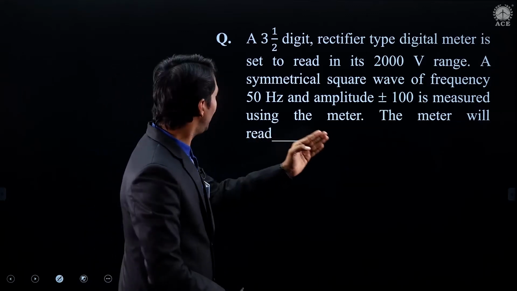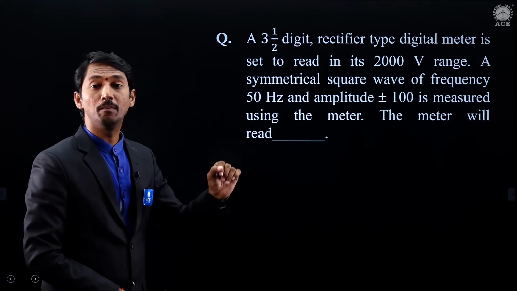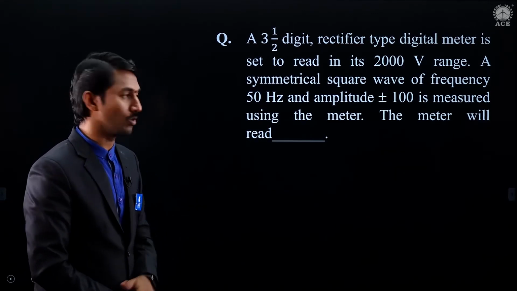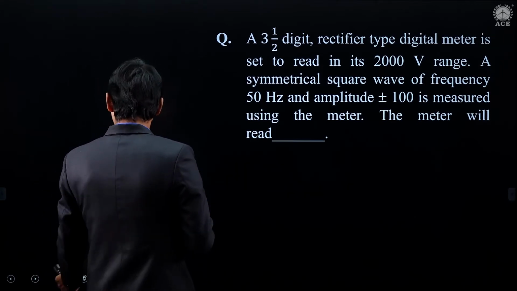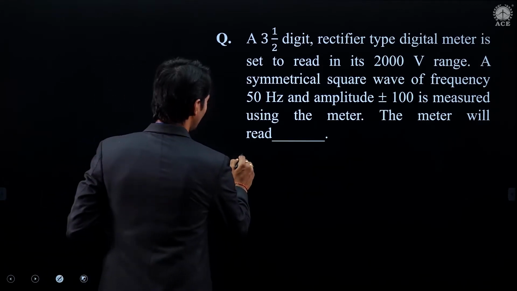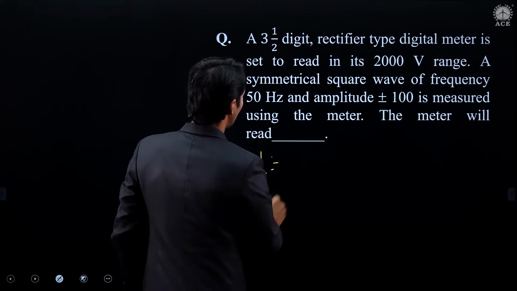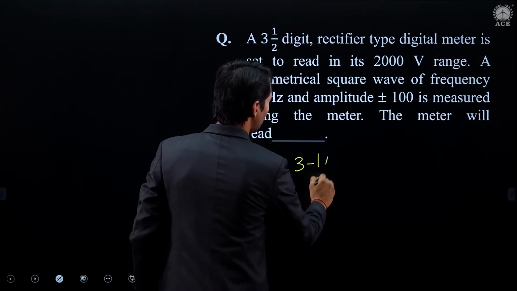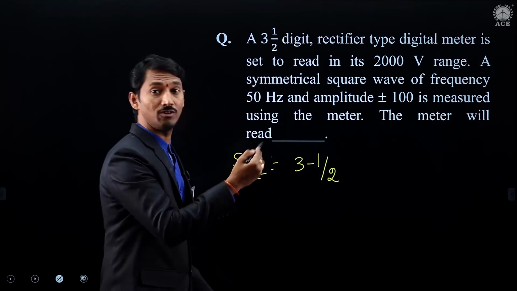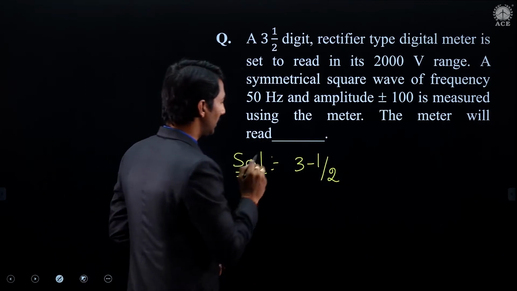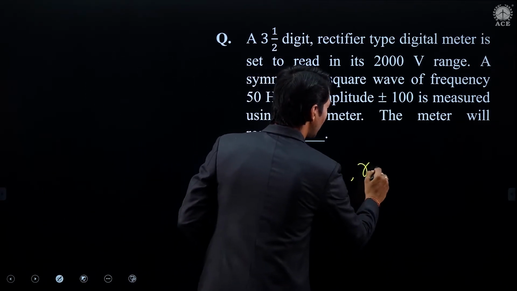The meter will read, what is the meter reading he is asking? Okay. See, let us write the given data first. So 3.5 digit rectifier type digital meter is given.